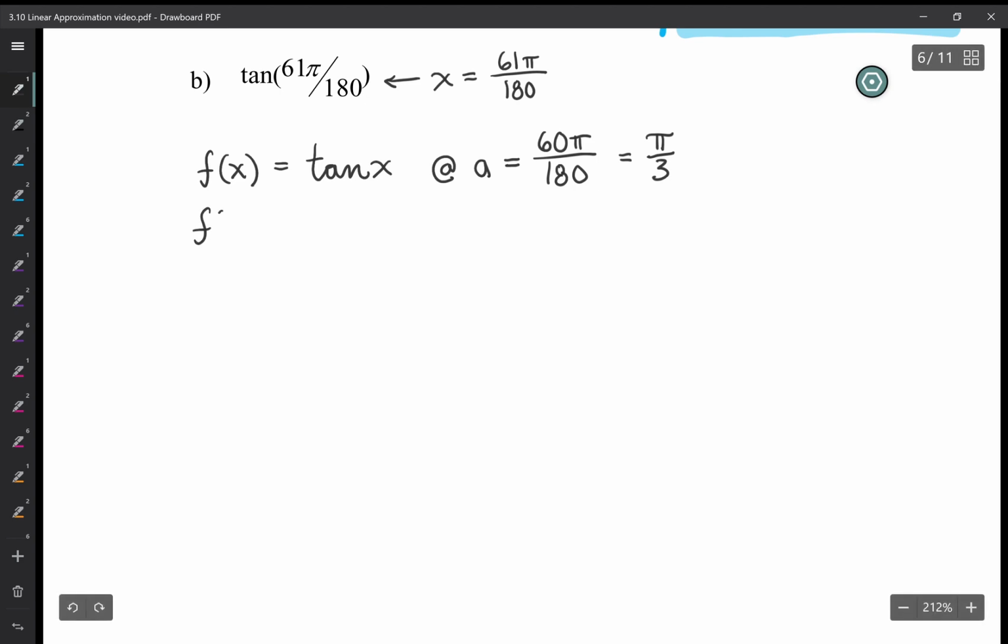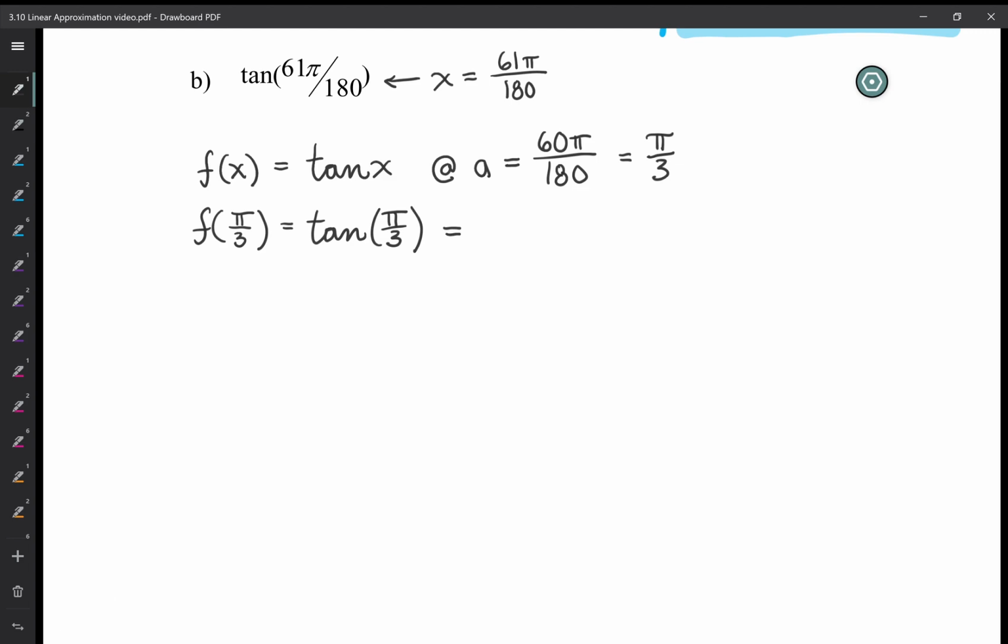So we can find f of a, so that's f of pi over 3, which is equal to the tangent of pi over 3. If this doesn't jump out at you, you might remember that tangent is equal to sine over cosine. So we have sine of pi over 3, which is root 3 over 2, divided by, which means we can find the reciprocal of cosine of pi over 3.